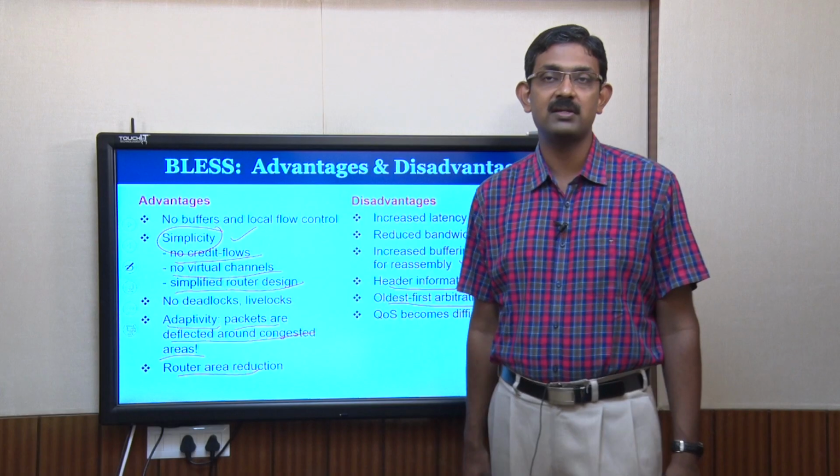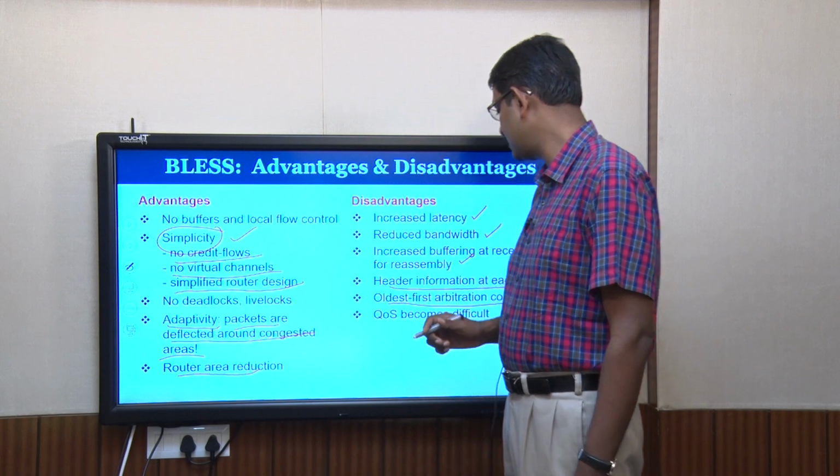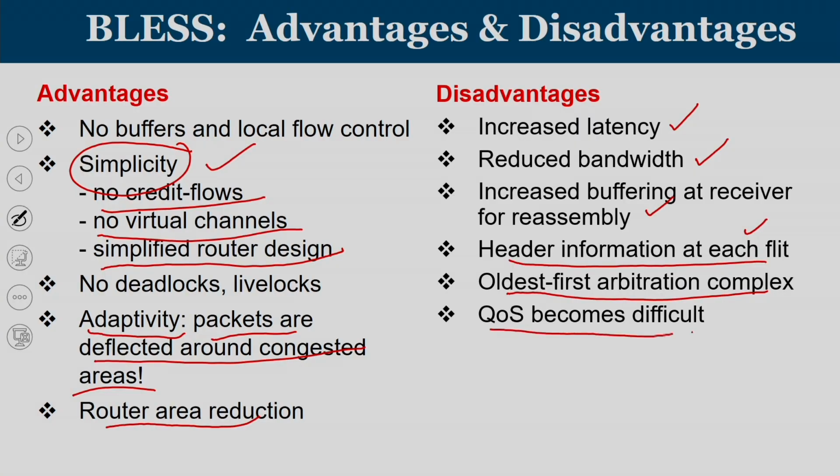But finding out the oldest flit is going to be a bit complex because it involves a sorting operation. We will see that. And quality of service becomes difficult because a lot of packets will get deflected. Sometimes you may be a very critical packet, but you are not the oldest flit in the system, then you get deflected.